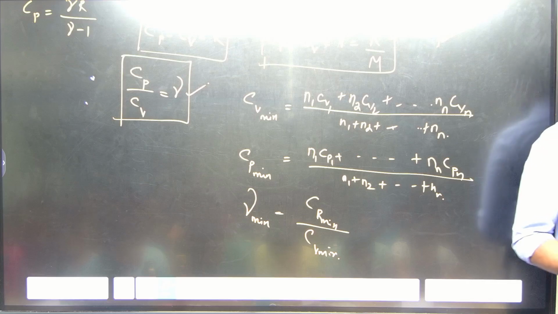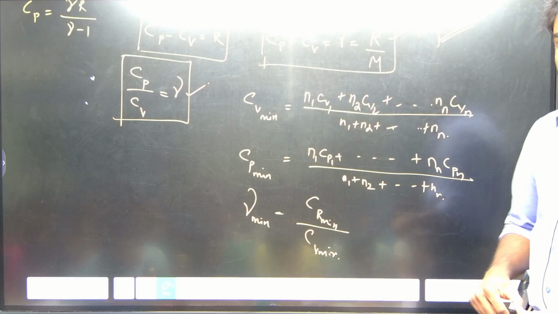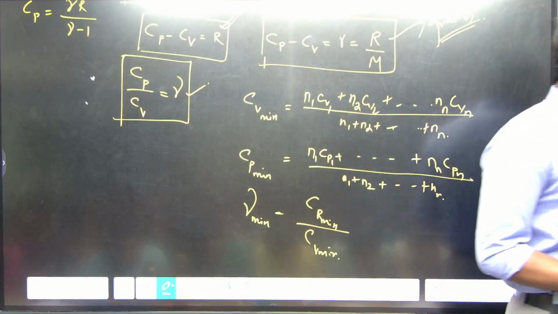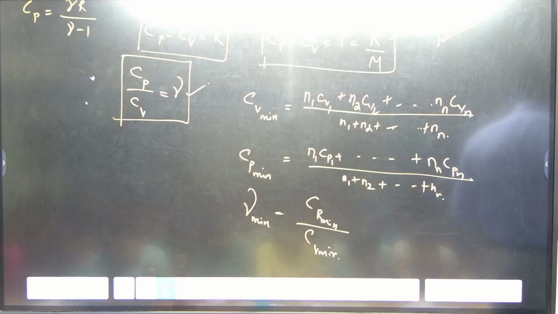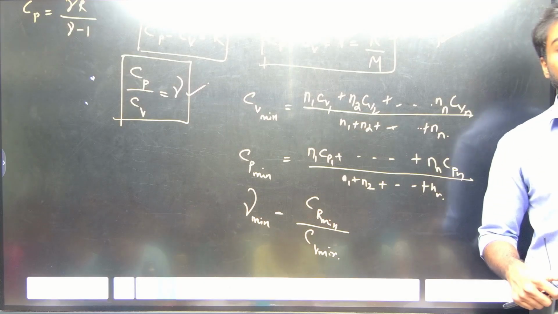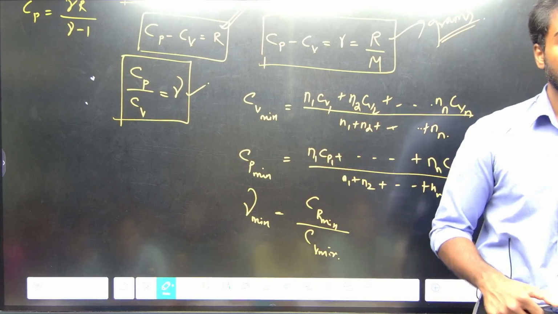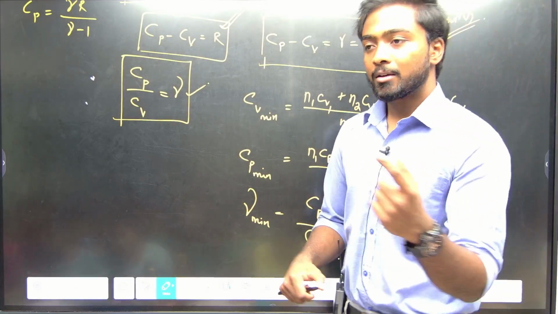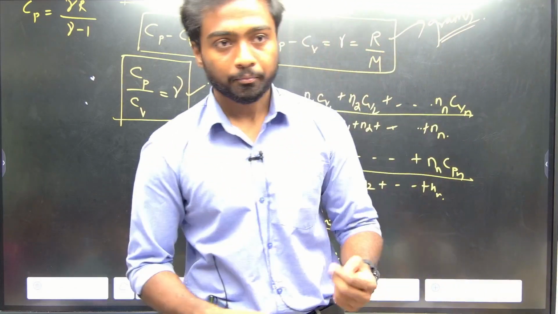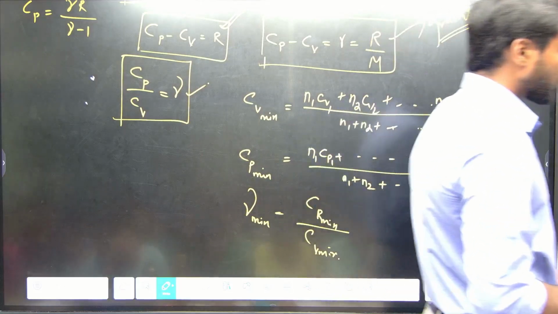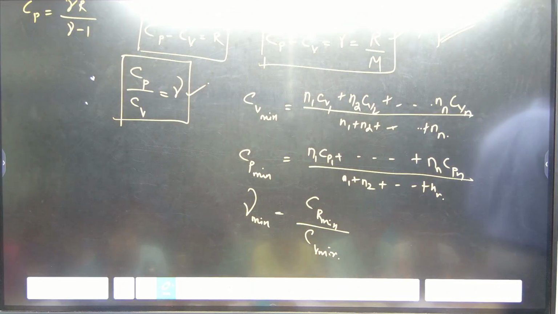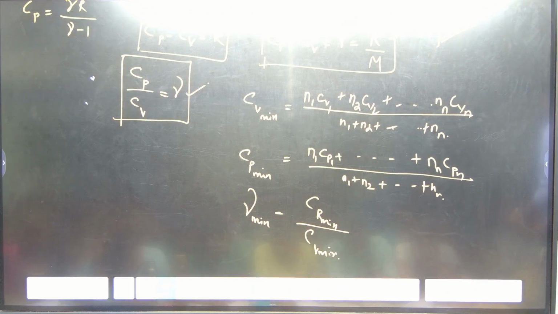Okay, next one is vibrational motion. So in this we will talk about the triatomic gas. Monoatomic, diatomic, next one is triatomic. In this triatomic, there are 2 types. The first one linear, and the second one non-linear.